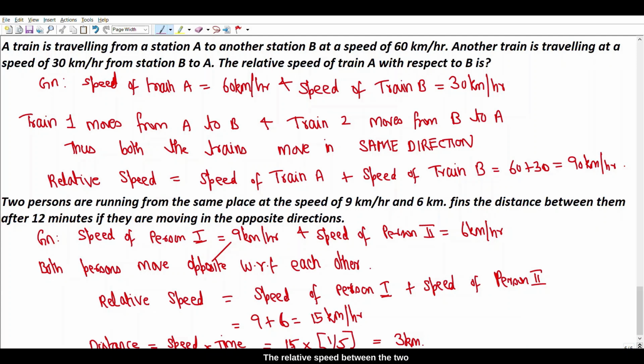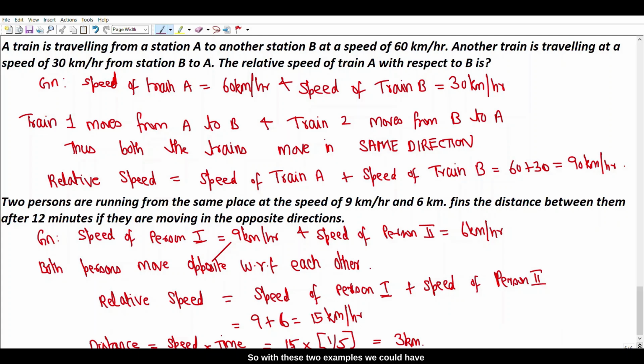Therefore, the relative speed between the two persons is equal to 15 km per hour, and the distance between them after 12 minutes is equal to 15 into 1 by 5, that is speed into time taken. Here 12 minutes can be represented as 1 by 5th of the hour. Therefore, distance is equal to 15 into 1/5, which is equal to 3 km.